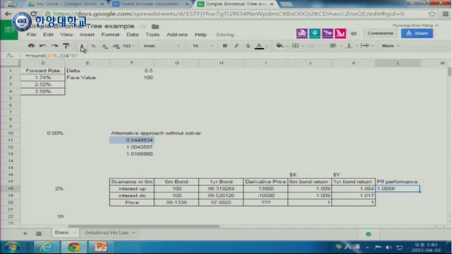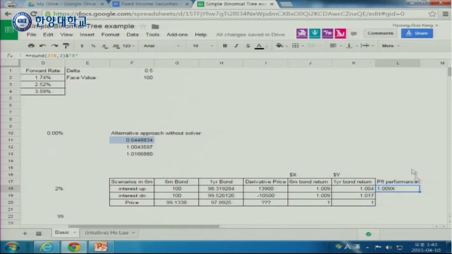So when I invest X dollars in the short-term bond and interest rate goes up, per dollar I make $1.009 6 months later. Then if I invest X dollars, it is 1.009 times X. That would be my return.